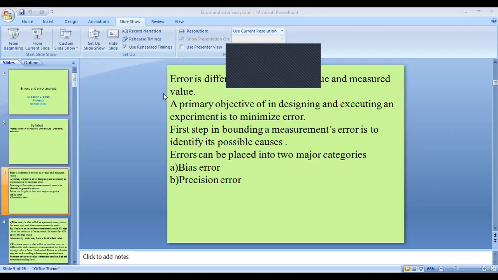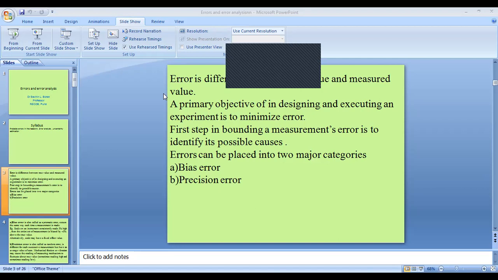If the error is too high in measurement and we specify it, because we need to specify the truth. So if your error is 15% and you write 5%, you are away from the truth and we are misleading the readers of your research paper. So we have to avoid that.